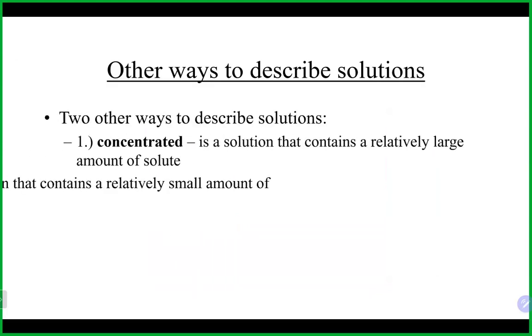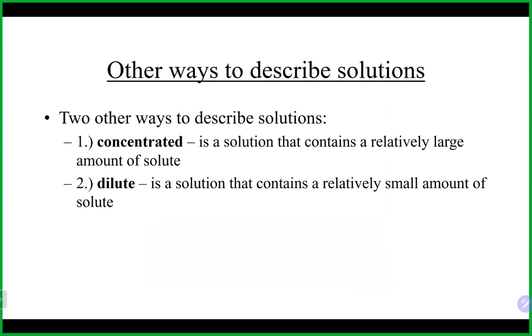Other ways you could describe a solution is concentrated or dilute. If you have a concentrated solution, you'd have typically a relatively large amount of solute in it. And usually we buy our solutions more concentrated, and then we dilute them down to use them. And a dilute solution contains a relatively small amount of solute.